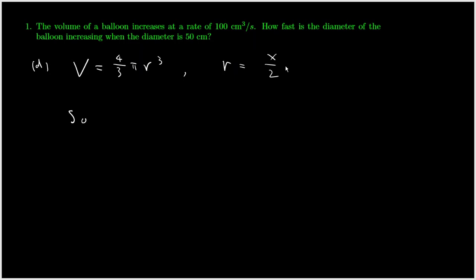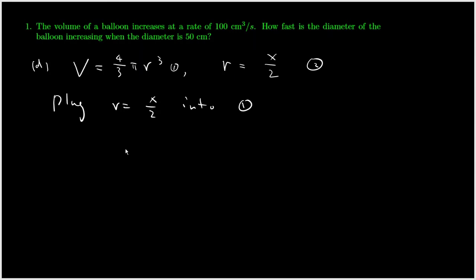In order to get a relation between V and x, all we need is to plug r value of half of x into the formula for V. So can I label the first as equation 1, the second one as 2. Now we plug r value of x over 2 into equation 1.